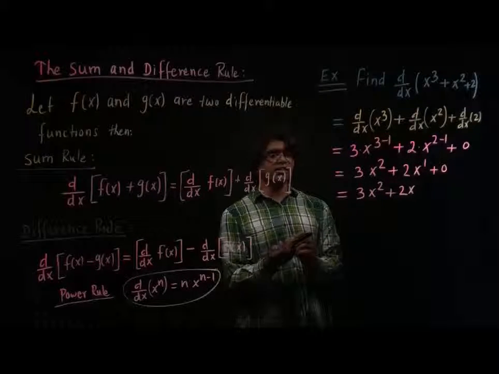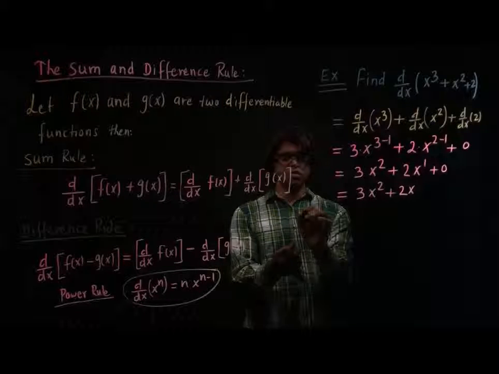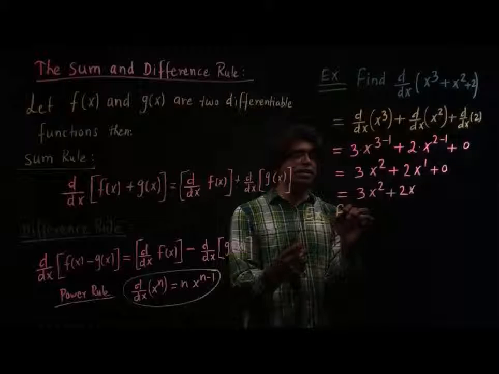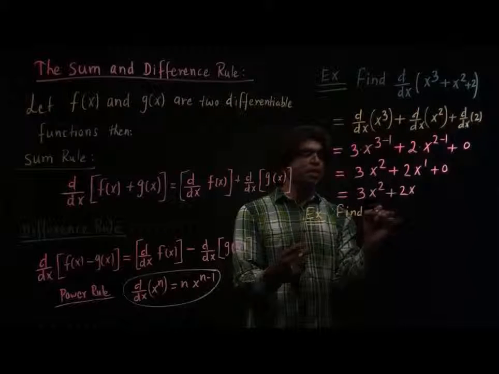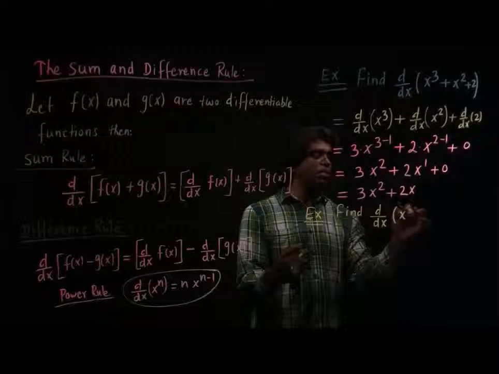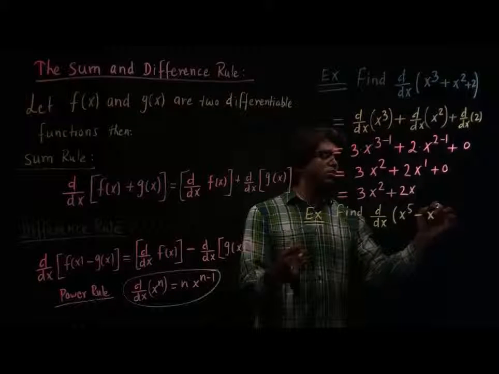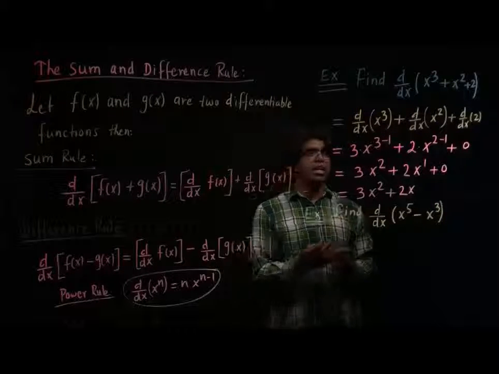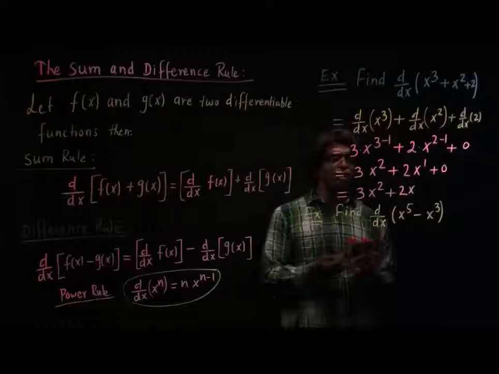Now let's consider another example. Find d by dx of x to the power 5 minus x to the power 3, right? As you can see, now I have the difference of two functions.